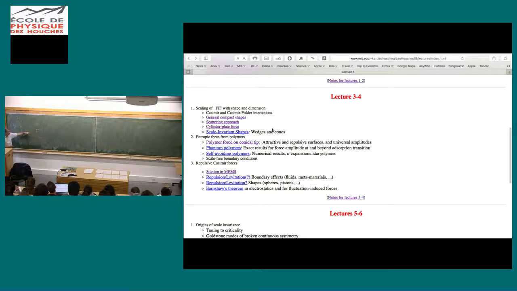So very recently we were able to calculate what these systematic corrections are, and essentially they turn out to be a series in the curvature of the object at its point of closest approach. But let's not go into that, and instead continue with this general dimensional analysis.